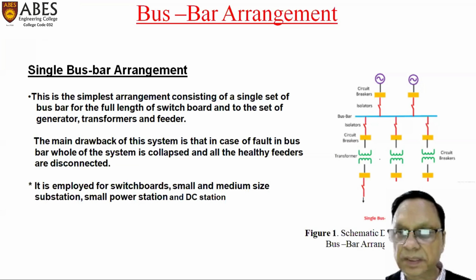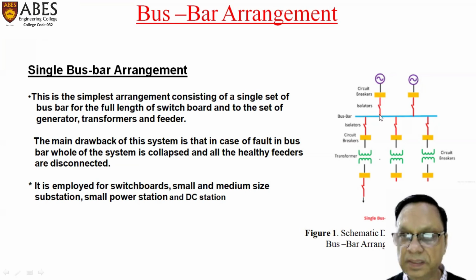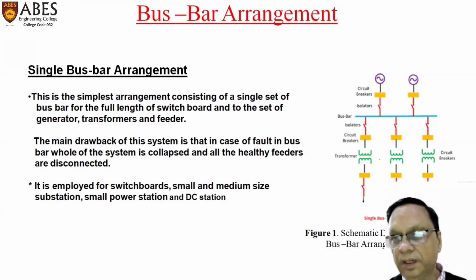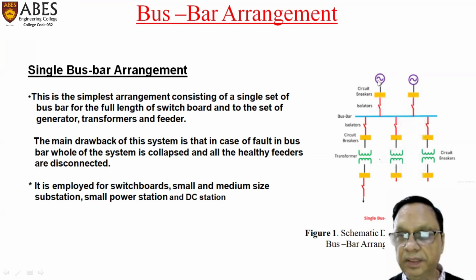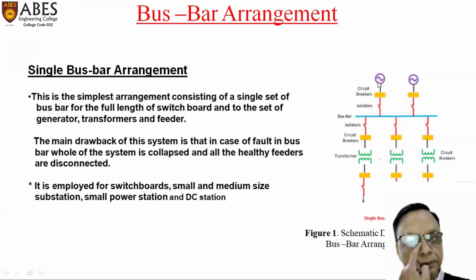The two circuit breakers in yellow are connected to the two generating stations, meaning generators. They are connected through the circuit breaker and the isolators, both of which we have discussed in the previous lectures. These are nothing but your circuit breakers. They may be high voltage circuit breakers because here we are using generating stations of 11,000 volts.